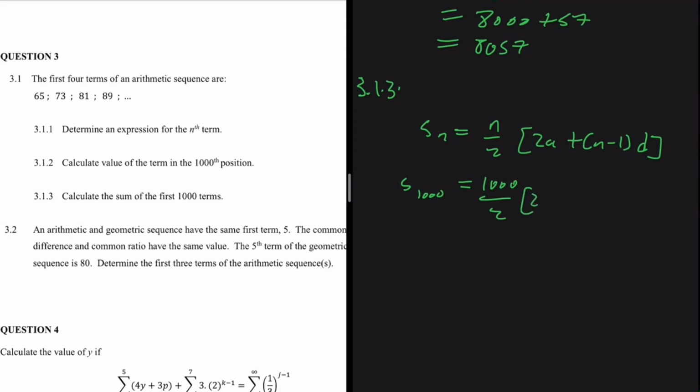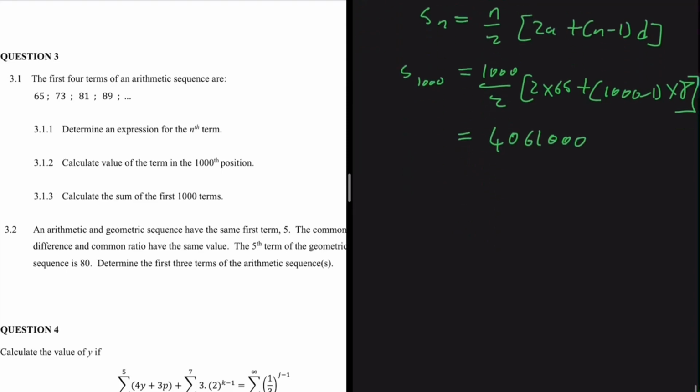What is a? A is the first term, so that is 65 plus n minus 1. So it's 1000 minus 1 multiplied by the difference, which is 8, right? So multiply by 8. And then if you put that in your calculator, you're going to get 4,061,000. That seems to be correct.